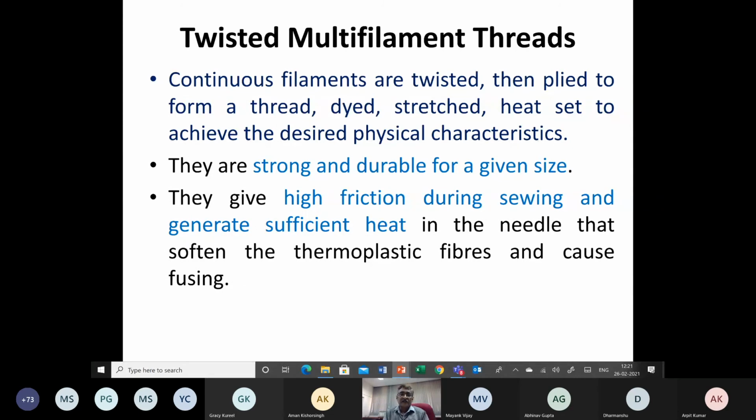And these multi-filament threads give very high friction during sewing, because they are very smooth, and they generate sufficient heat in the needle, which may cause fusing in the extreme case, fusing or breaking up of the threads, and in a less demanding case, it may be softened.